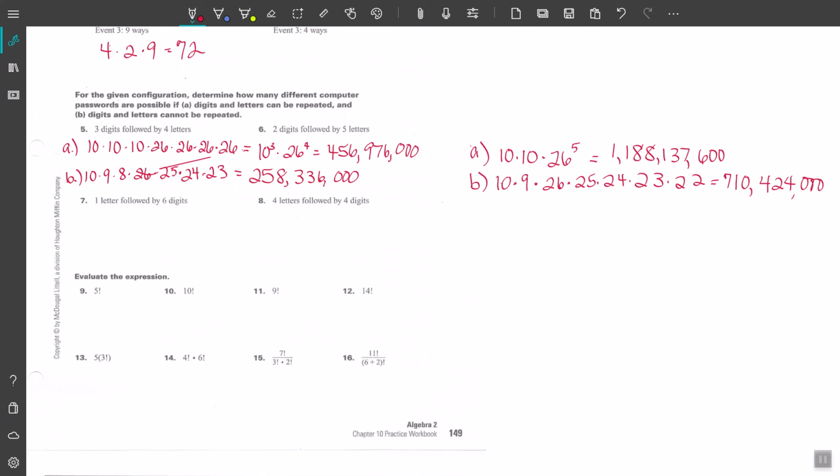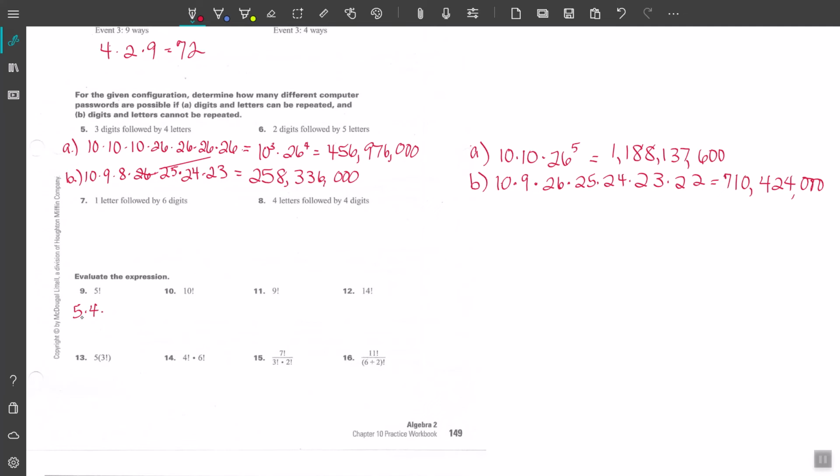Now moving down to number 9, you see something new that we haven't seen before, and that's this exclamation point. The way we read that is factorial. So 5 factorial, what that means is that I'm going to multiply together every number starting with 5 as I count down to 1.